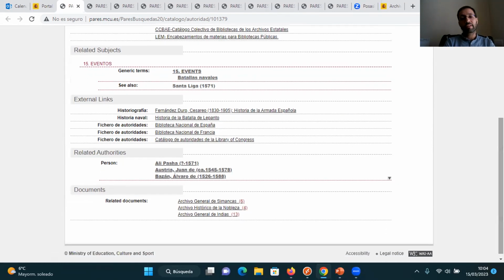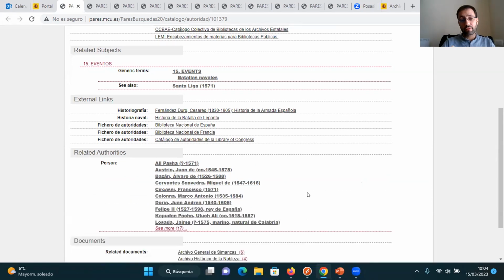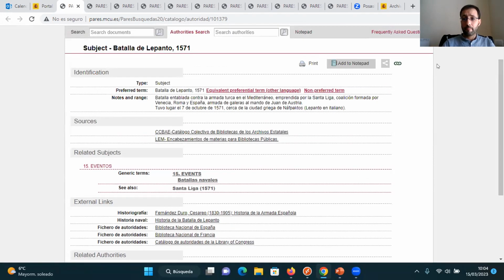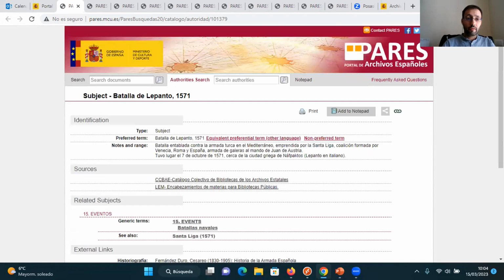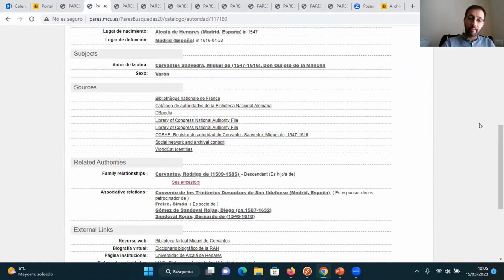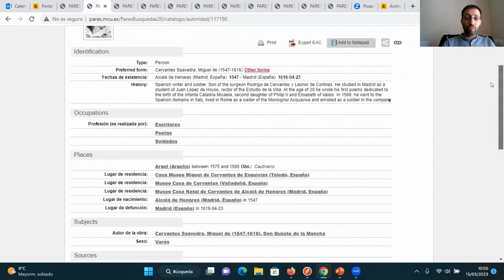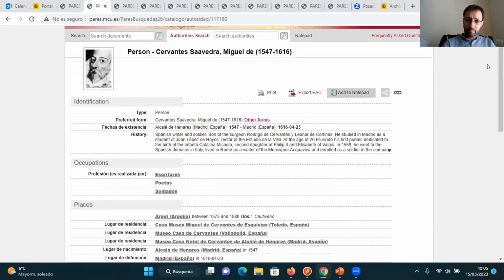And we relate this event also with different entities, for example, with the entities of persons that participated in this battle. And one of these persons was Miguel de Cervantes. If we search in PARES or we click on this Miguel de Cervantes, we go to this description.